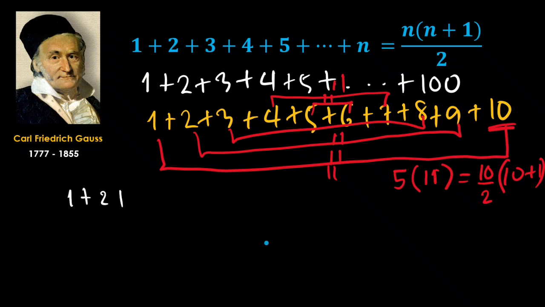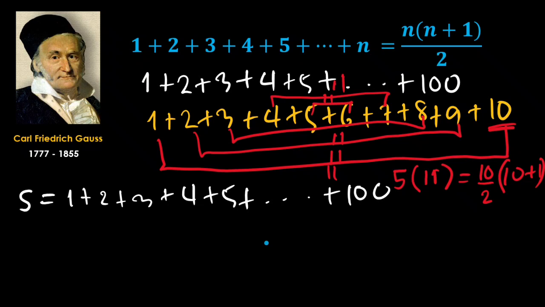1 plus 2 plus 3 plus 4 up to 100. Now let's let this equal to S. And let's do the same as what Gauss did here. Let's pair last digit to the first digit, but we'll do it like this instead.